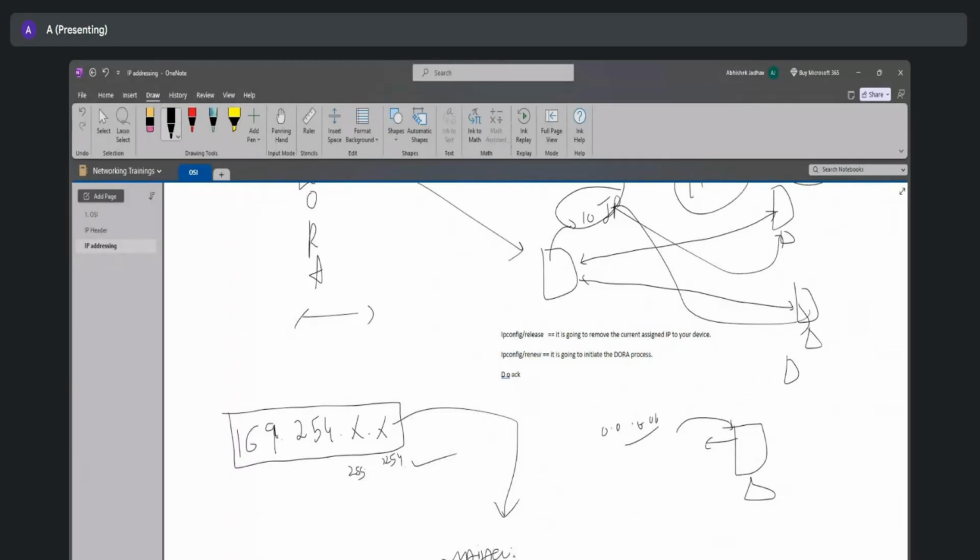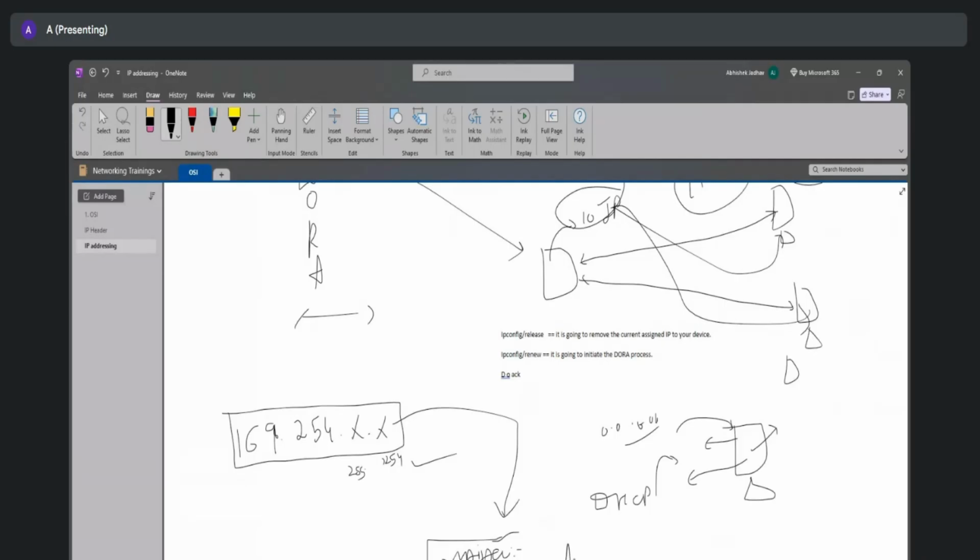So in a normal scenario in offices or in organizations, when you troubleshoot an issue and an APIPA IP address comes into the picture, you must understand that that particular device doesn't have an internet connection at all, or the DHCP server, whatever was trying to send the IP addresses, is not assigning the IP address to this device. Simple. So what is APIPA? APIPA is nothing but automatic IP address configuration, right?